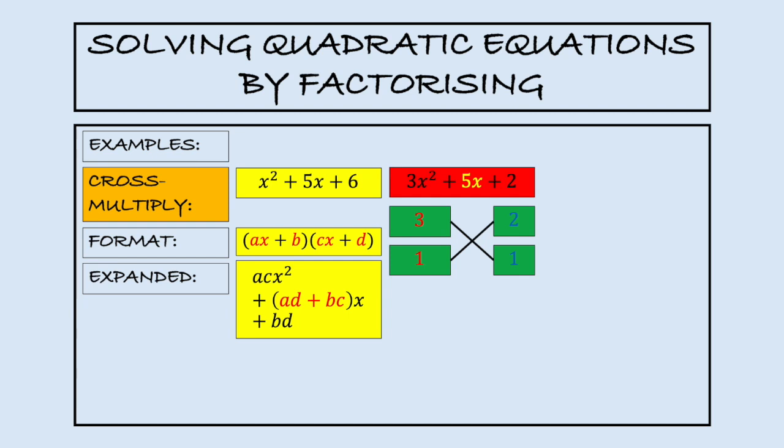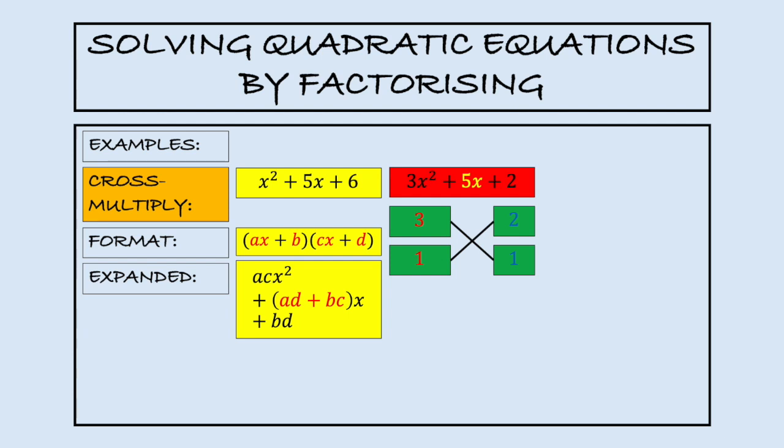If we were to call the factors of the square term a and b, and the factors of the constant c and d, our goal would be for a times d plus b times c to equal the term in the middle.